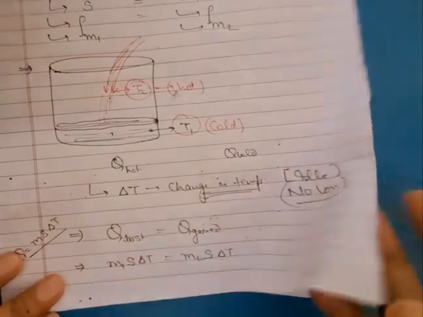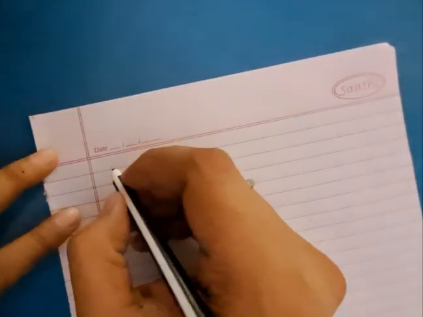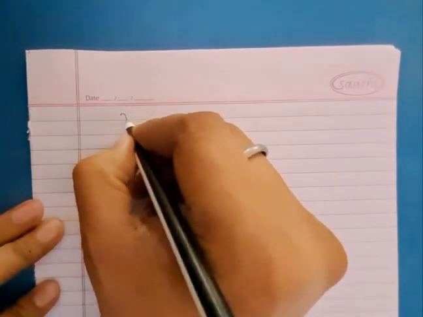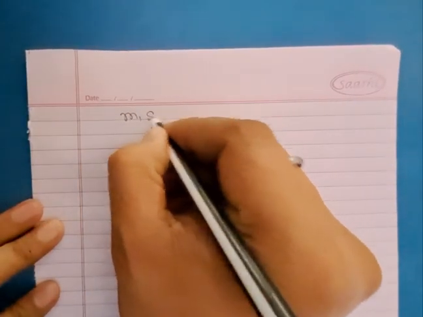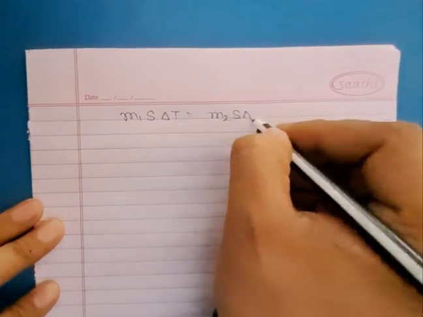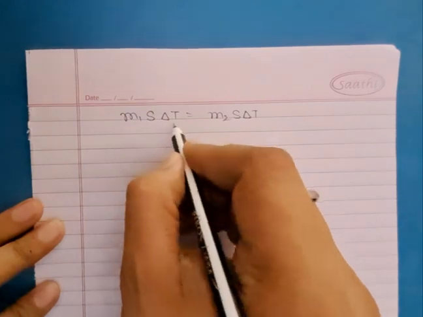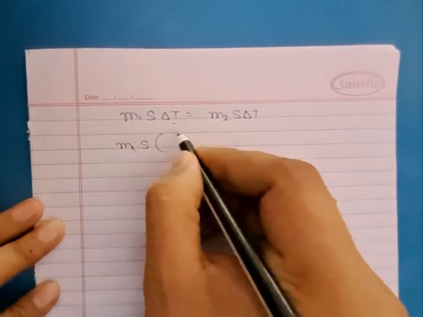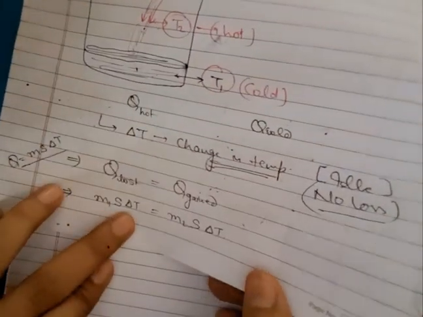Now rearranging this, we have the equation m1 s delta T is equal to, so the initial temperature, that is of the heat lost, was T2.